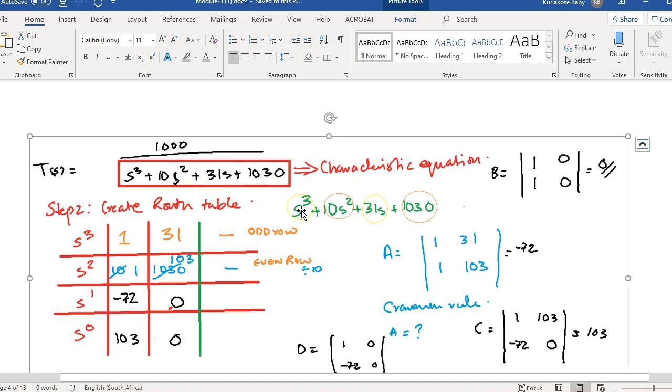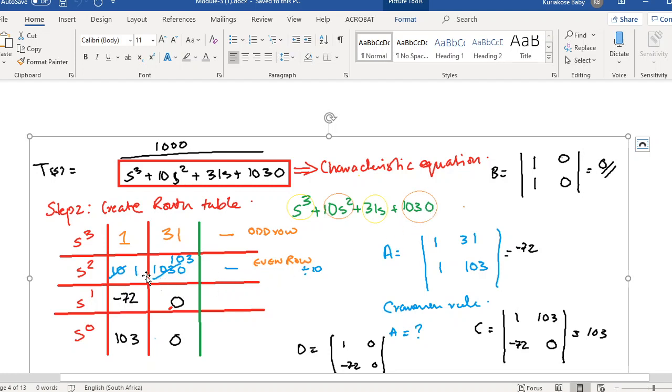So the coefficient of s cubed is 1. The coefficient of s is 31. Now in the second row, you have the coefficients of your even row. In the even row, it is s squared and s raised to 0. So there you will see that it will be 10 and 1030.